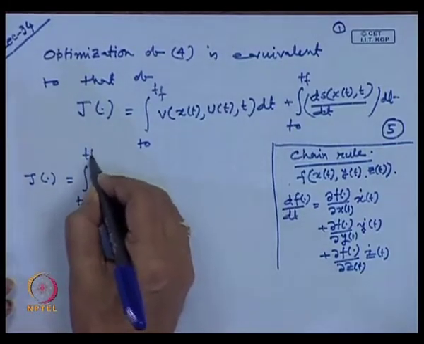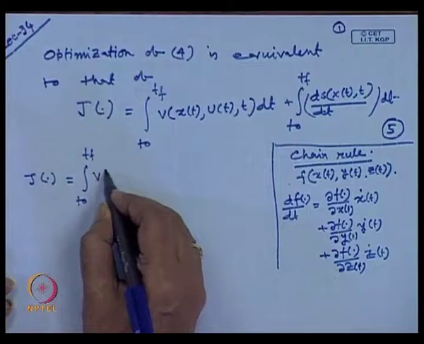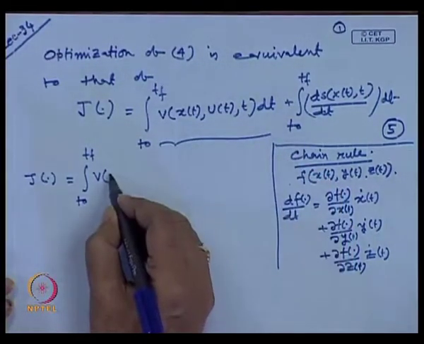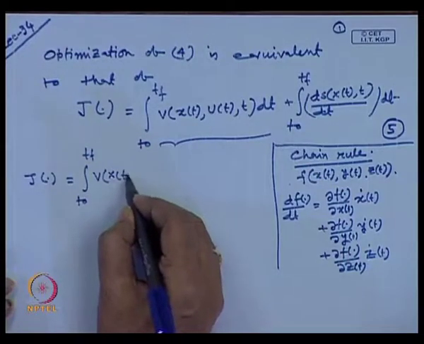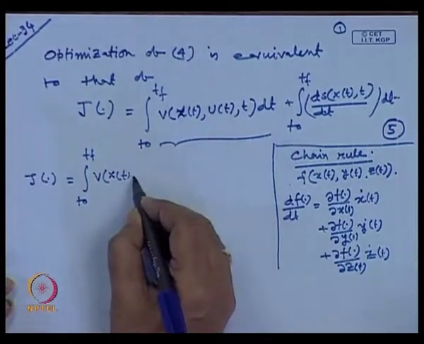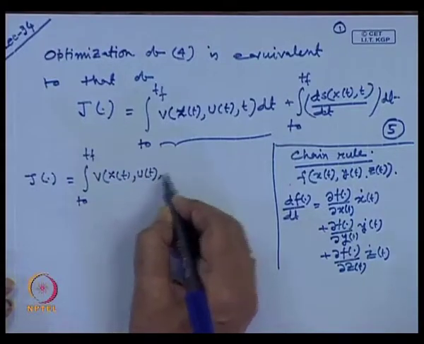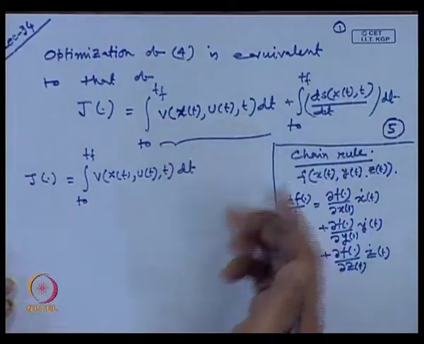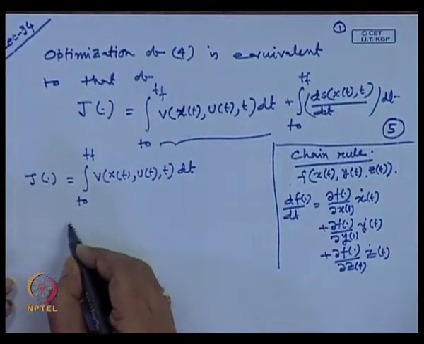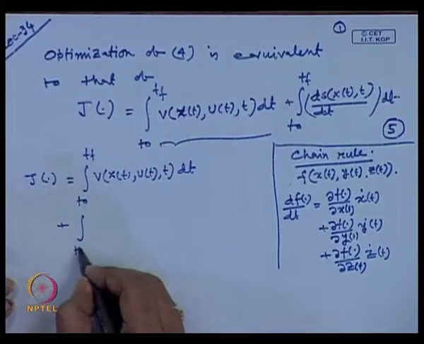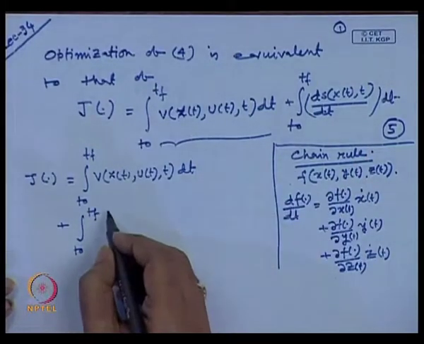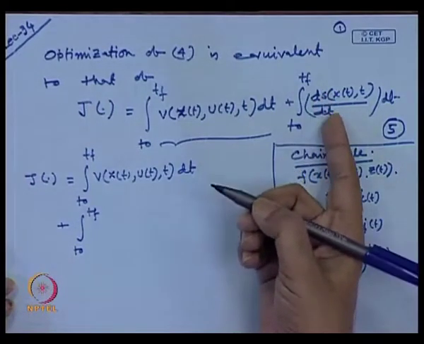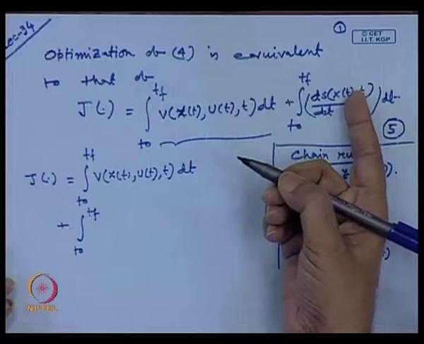So, this I can write as J is equal to J dot of this, integral t0 to tf, then V as it is, we write this term as it is, V of x(t), u(t), t dt, and this we will write by using chain rule. So, this will be a plus integral t0 to tf. What we will write is the differentiation of ds/dt, differentiation with respect to time t, because s is a function of x(t) and t.